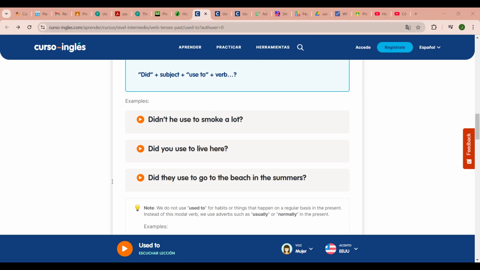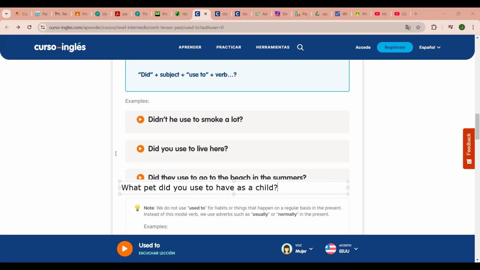Remember, when it comes to questions, you can always start a question with a question word. For example, what, capital W, what pet did you use to have as a child? All right.